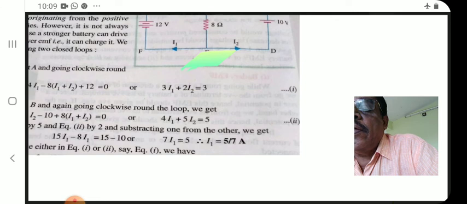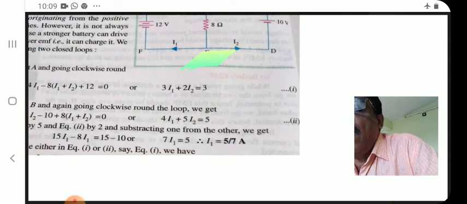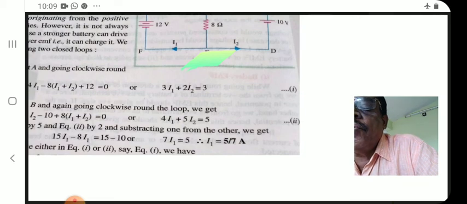And again going clockwise round the loop, we get I2 minus 10 plus 8(I1 plus I2) is equal to 0. That is 4I1 plus 5I2 is equal to 5.